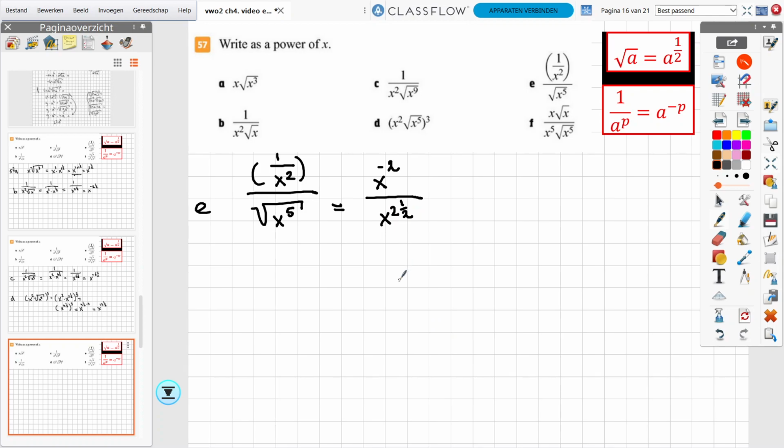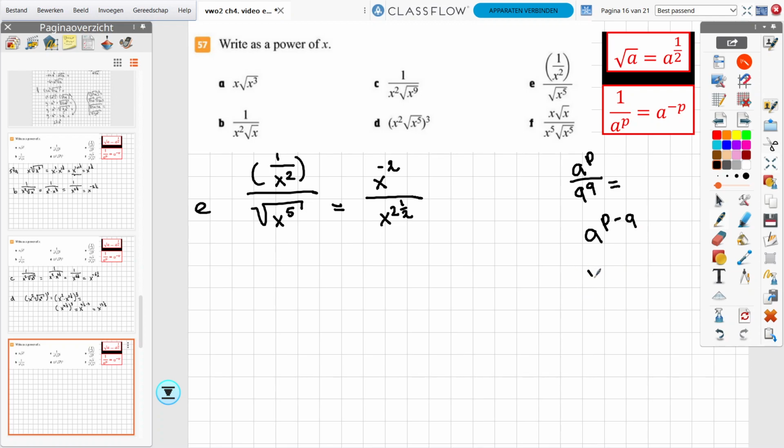And this is already a lot easier on the eye, but what you now should be able to do is apply a rule that is not here in the list, but it was a rule that we have taught you in first grade. I think they've given that rule like this: a to the power of p over a to the power of q is the same as a to the power of p minus q.